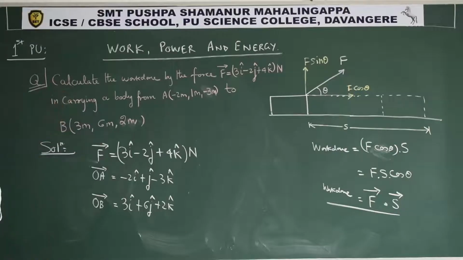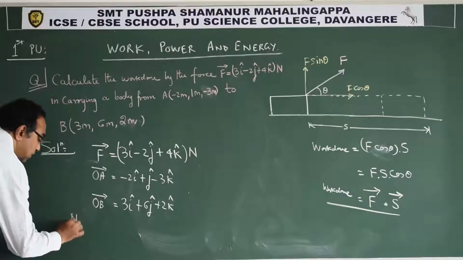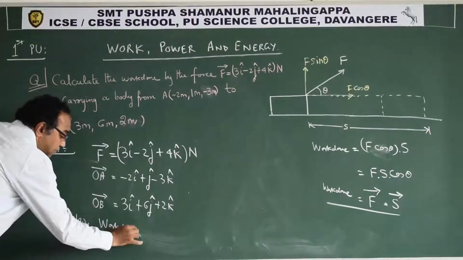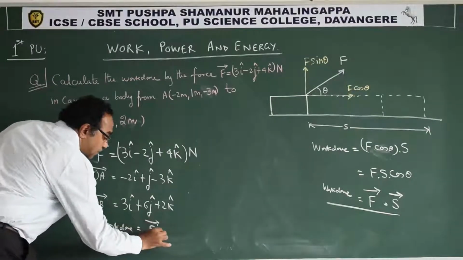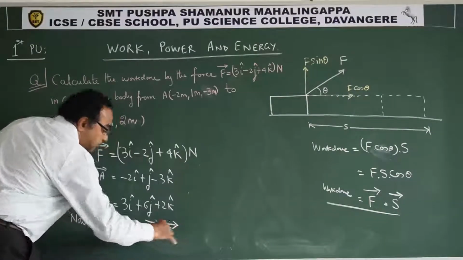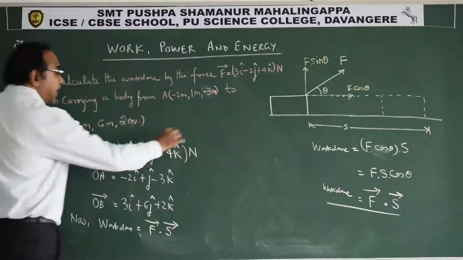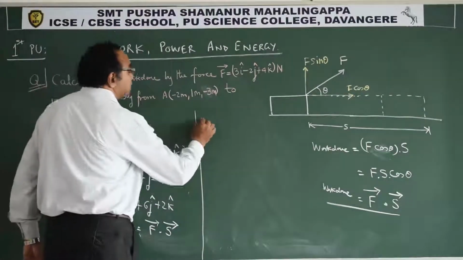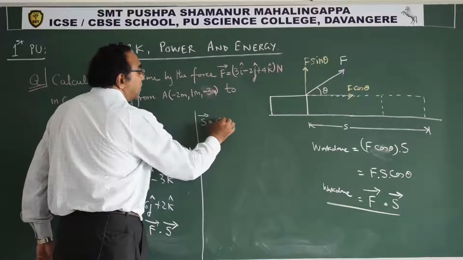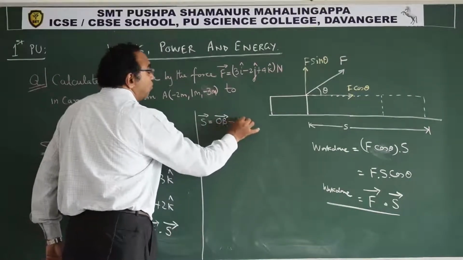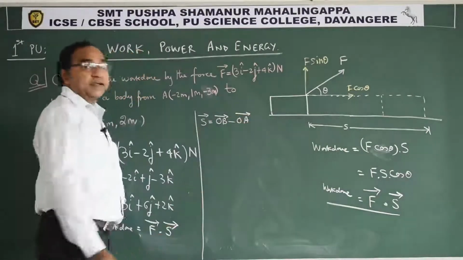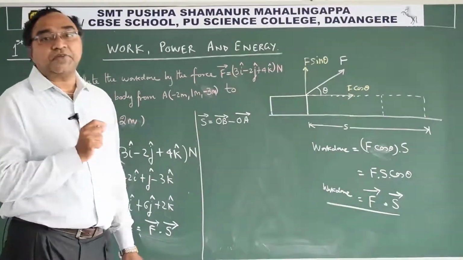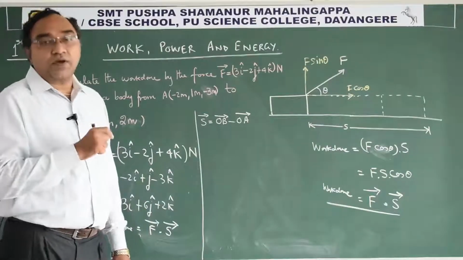Now we have to calculate work done. Now, what will be work done? So, work done is F dot S. So, here, what is S? S is OB minus OA. Displacement, S is displacement, and if you have done this term, displacement in motion along a straight line.